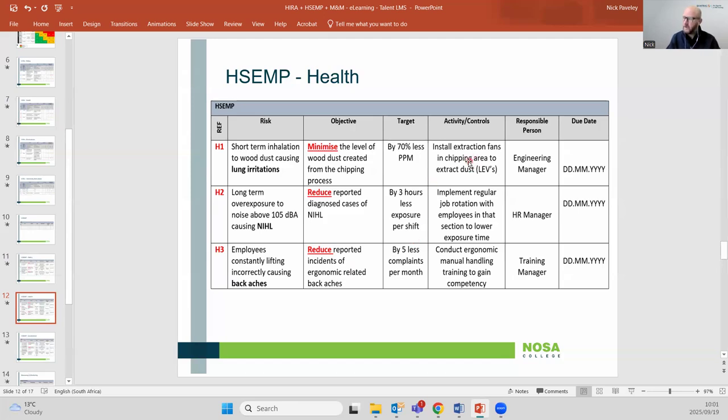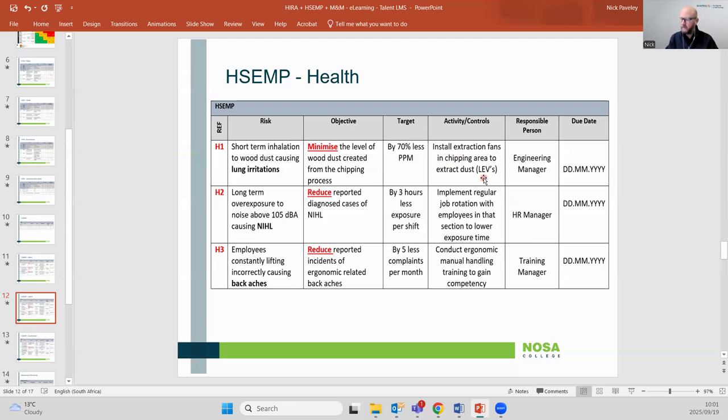For H1, I want to install extraction fans in the chipping area to extract the dust. In other words, we're going to be installing LEV, which you've learned in your Samtrack course content, LEV, local exhaust ventilation. Fantastic engineering control.